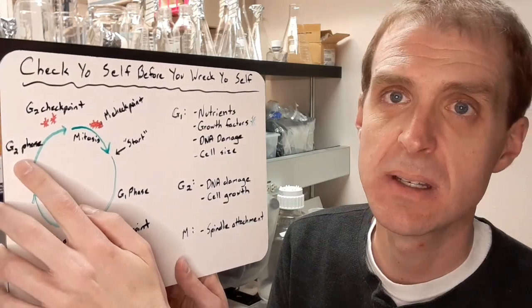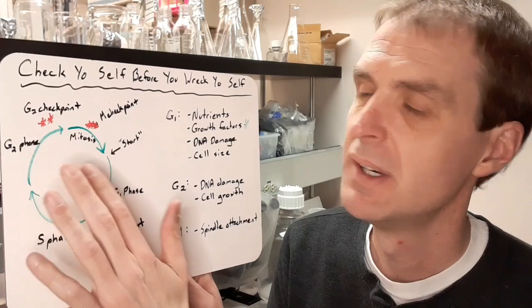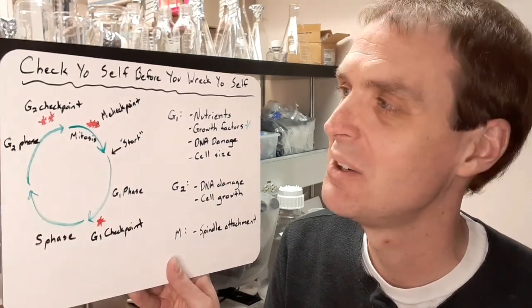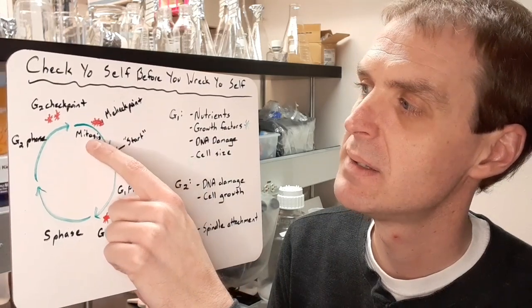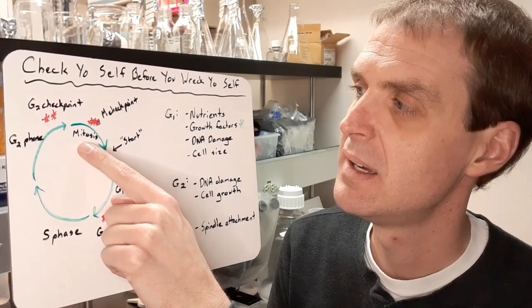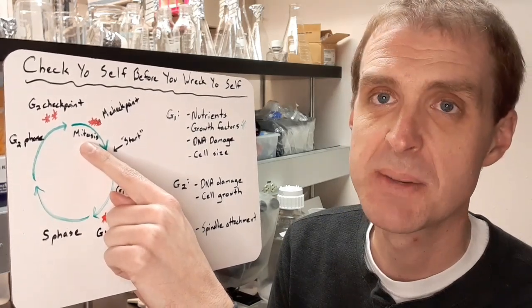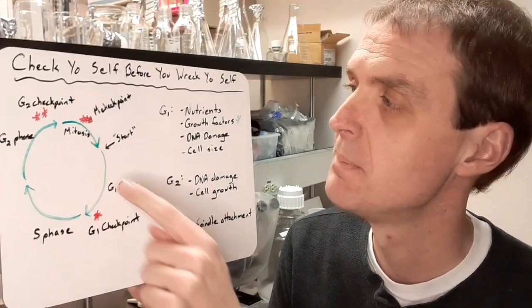Now the G's stand for either gap or growth, depending on who's telling you. And then M, the final phase of the cell cycle, is mitosis, and there are lots of smaller steps within mitosis, but that's not necessarily important to this video.